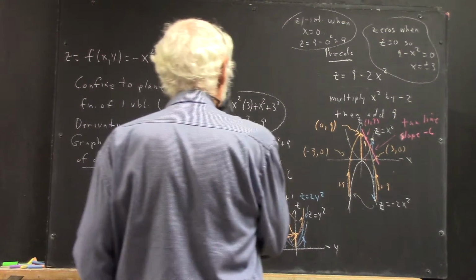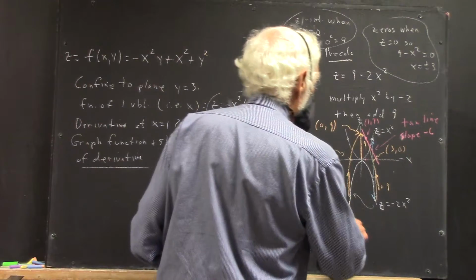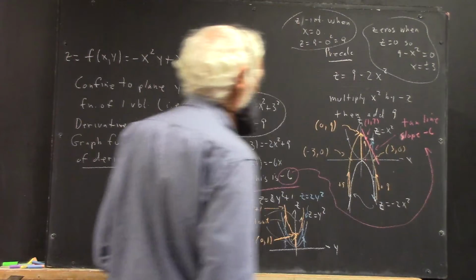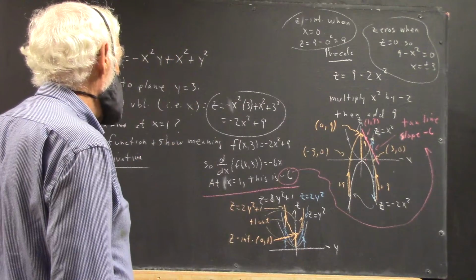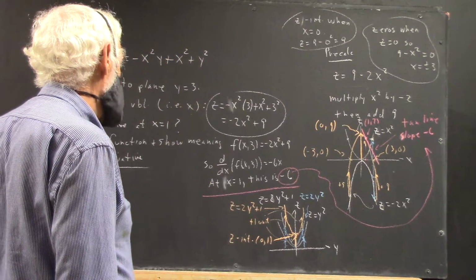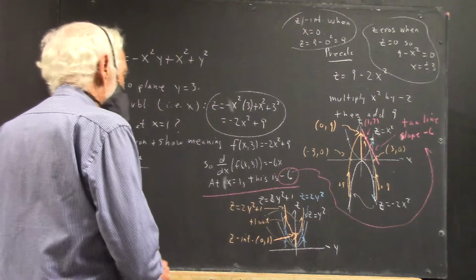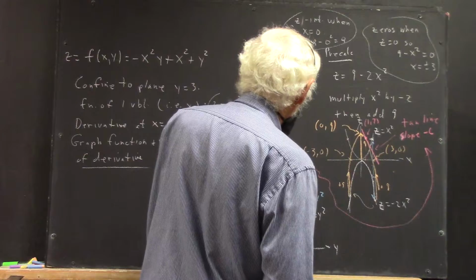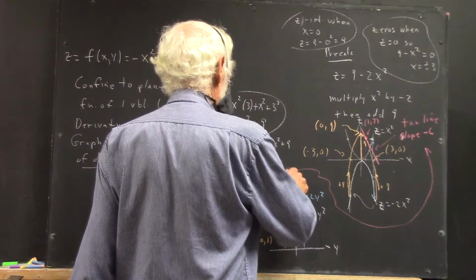So here's your negative 6. That's why your slope is negative 6. And it's not negative 6 because I can't take derivatives. I can take derivatives, I just can't keep my numbers straight. Apparently it's negative 4.